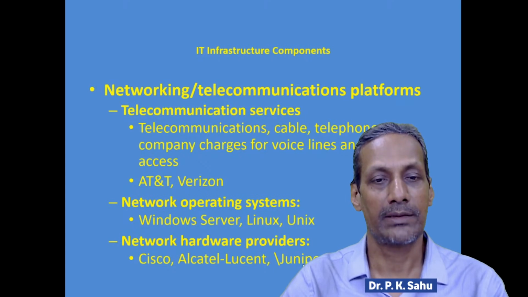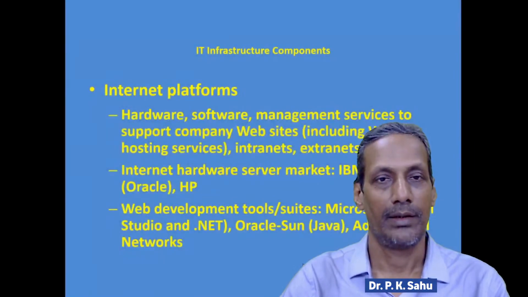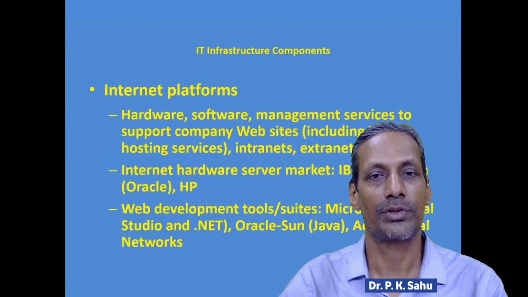Network hardware providers are from Cisco. Cisco is one very popular network hardware provider. You also have Alcatel-Lucent and Juniper Networks. Internet platforms include hardware, software, and management services to support company websites, including web hosting services, intranets, and extranets.